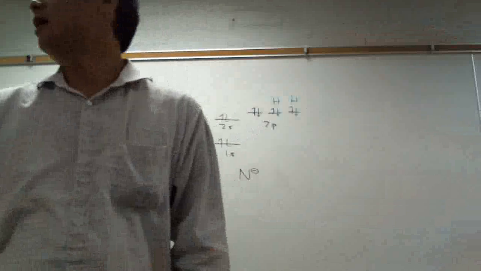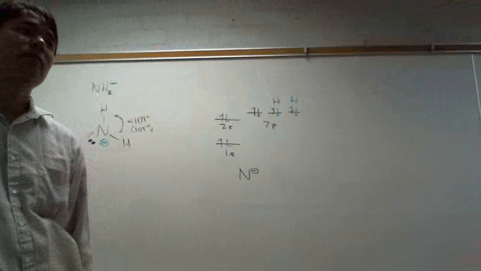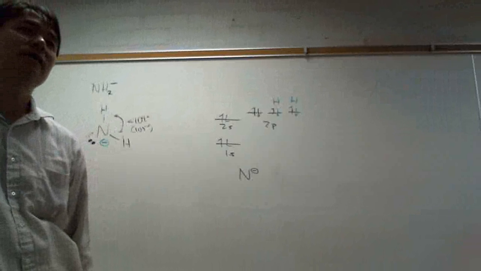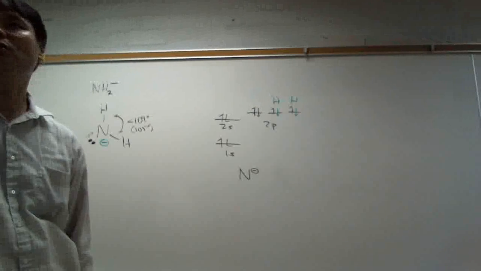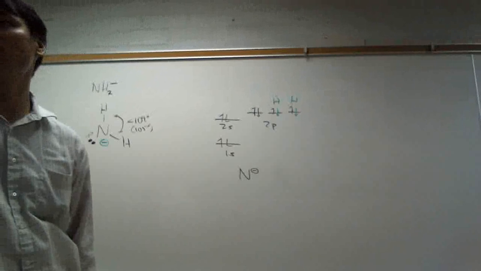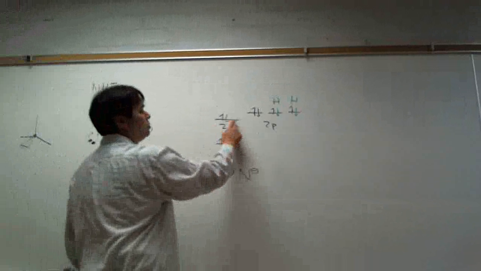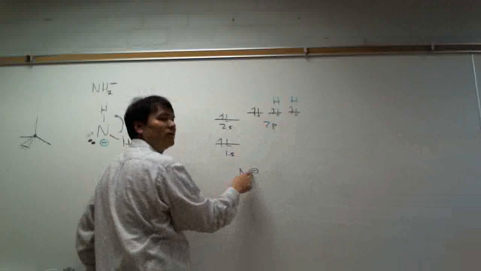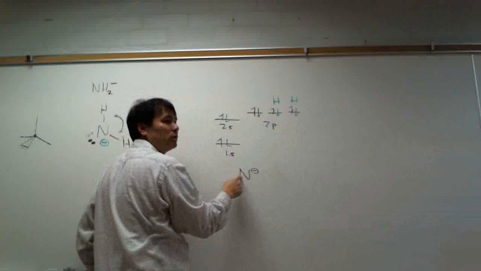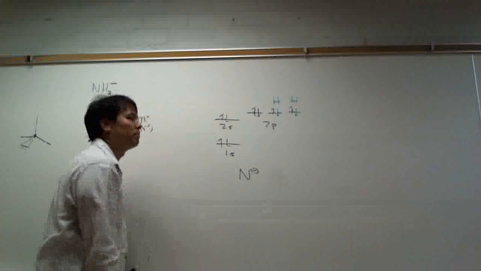Chlorine has how many valence electrons? 7. But chloride has 8, because chloride has a negative charge. There's an extra electron. And so this is how we get 1, 2, 3, 4, 5, 6 valence electrons for nitrogen, because it has a negative charge. That's how. It's got an extra electron.